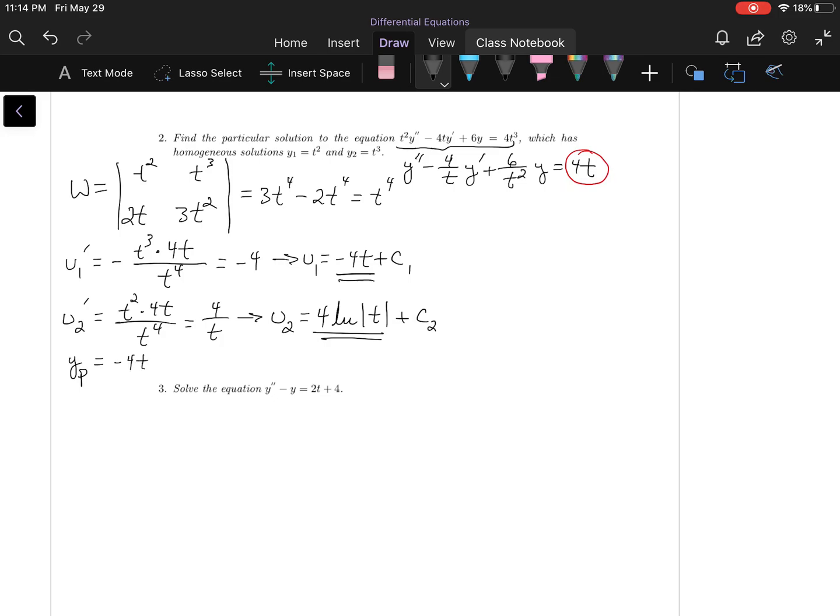I'm dropping the c1 again because I don't want the homogeneous part for this problem, since it only asks for the particular solution. So negative 4t is u1 times y1, which is t squared, plus u2, which is 4 times the natural log of t, times y2, which is t cubed.